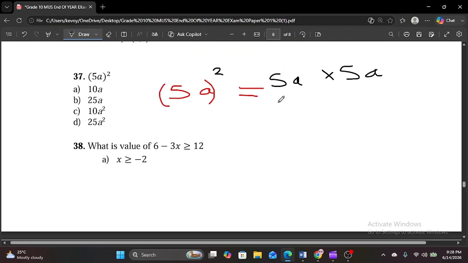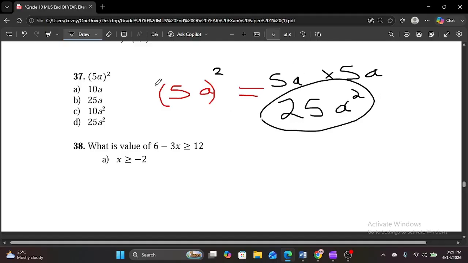So 5 times 5 is 25. And A times A is A squared. So that's what it's equal to. So D is going to be your answer right there.